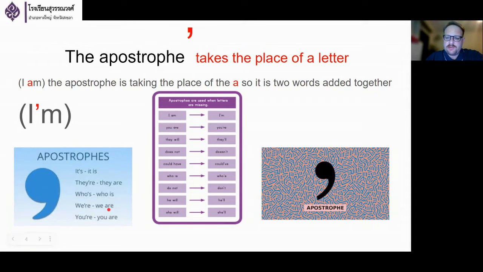So we're seeing another pattern. We are, they are. Whenever R is the second word, then the A becomes the apostrophe and is glued together. We're, we are, we apostrophe R-E. They have taken the A out of the word are and added an apostrophe and crammed it together to make we're, a contraction.